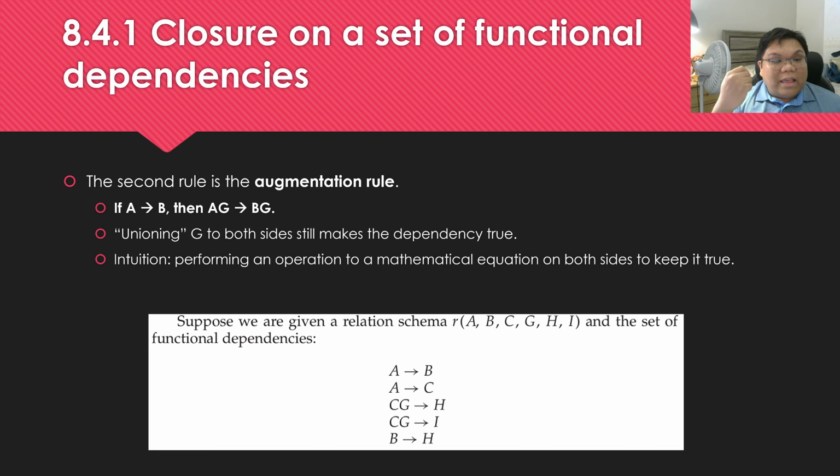So, adding G, unioning A with G, doesn't change the fact that A still determines B. But also, at the same time, unioning B with G doesn't change the fact that A still determines B. So, AG determines BG. That's the augmentation rule. It's like we just multiplied both sides by G. Pardon my abuse of notation here. I really should say we unioned both sides with a different set of attributes.